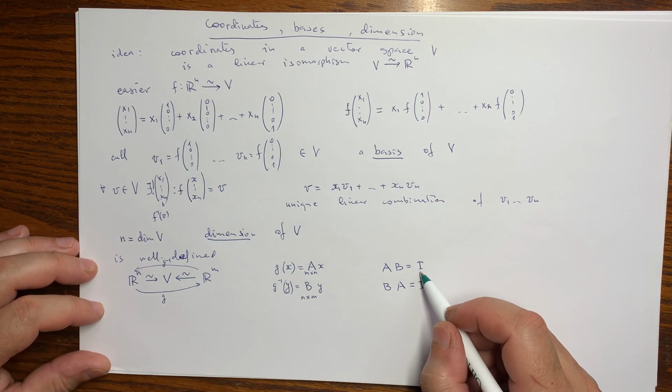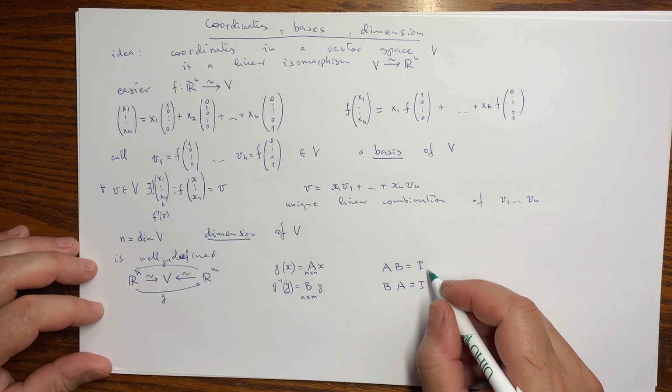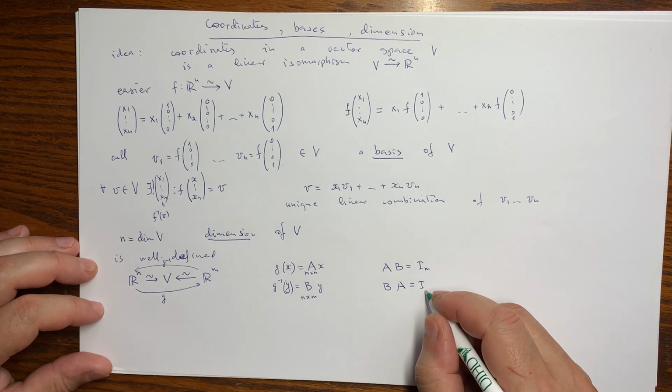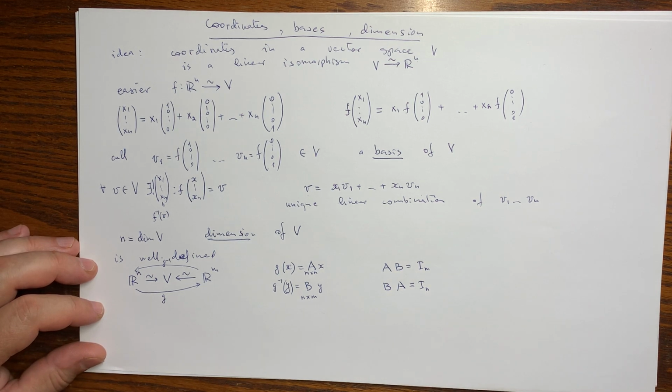So this will be the identity matrix of size m by m, and this will be the identity matrix of size n by n. That is just as usual when we have two mutually inverse maps. They compose, giving us identities, and that is the matrix form of that condition of invertibility.